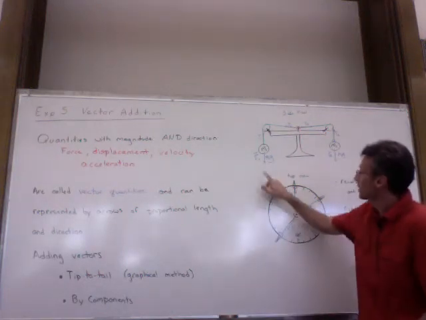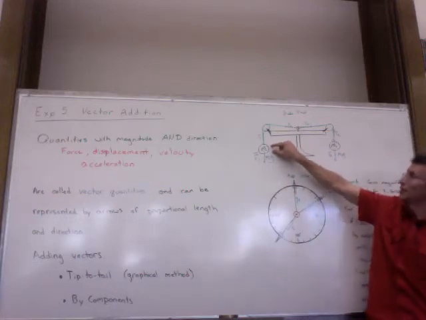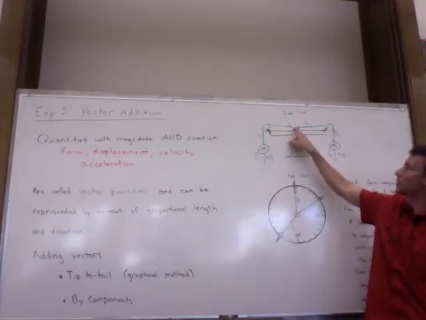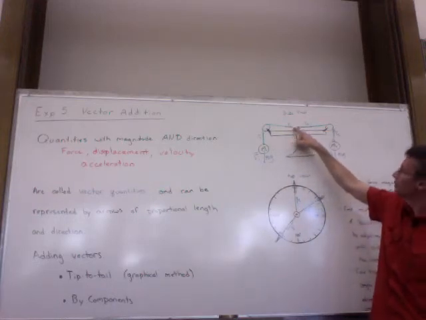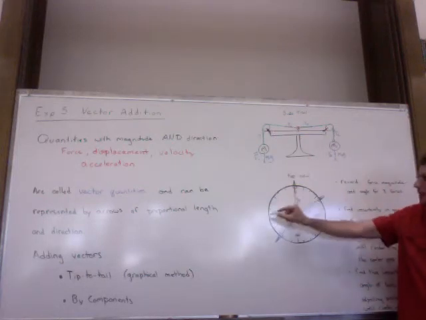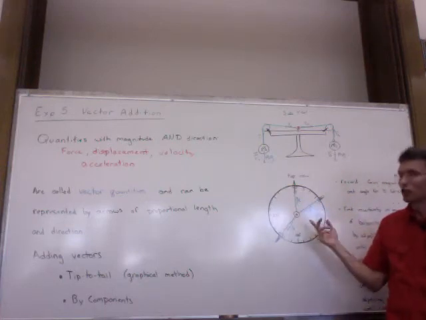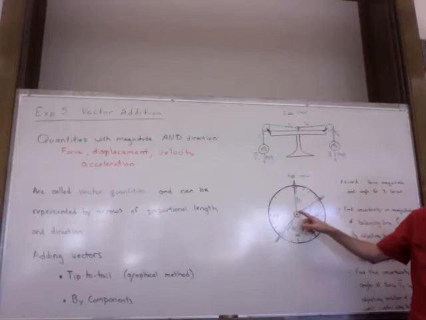So by applying masses to the end of the strings and then weighing those masses, we'll know how much force is being applied to the ring by the strings. And the pulleys are on brackets that can be moved to different points on our table so that we can change the angle that the forces are applied to the ring.